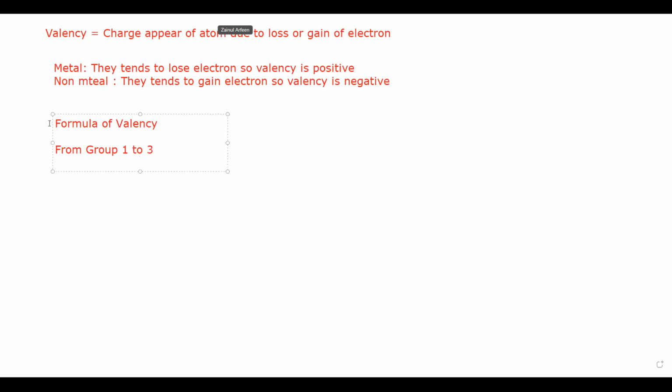The formula for valency, the valency is equals to number of electrons in the last shell, or we can also say same as group number. So valency is the charge appear on the element due to loss or gain of electron. The metals have a positive valency, whereas non-metals have a negative valency. So what is the valency for group 1, 2, 3 elements?